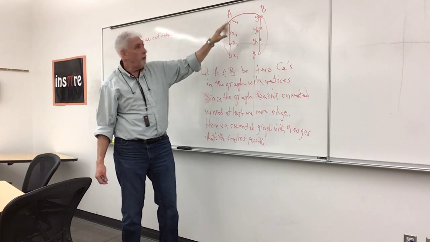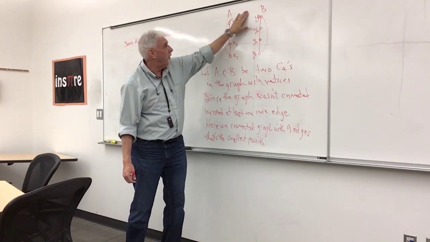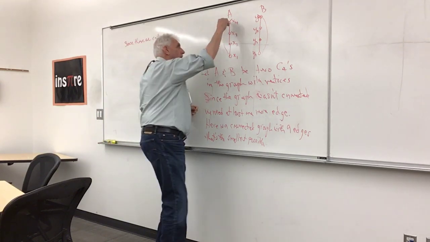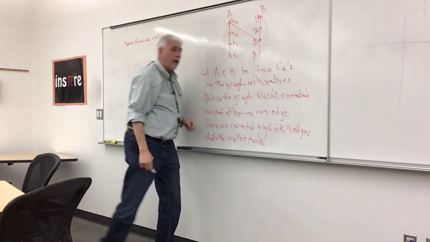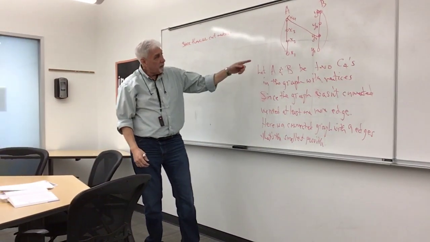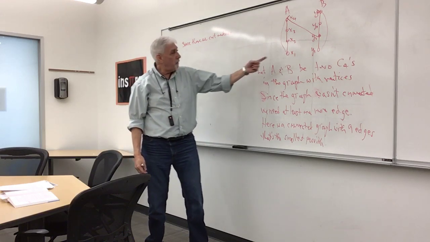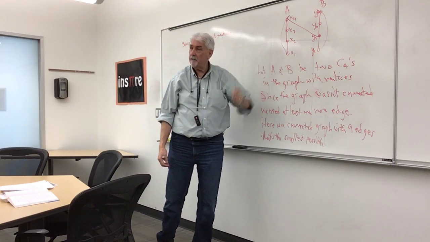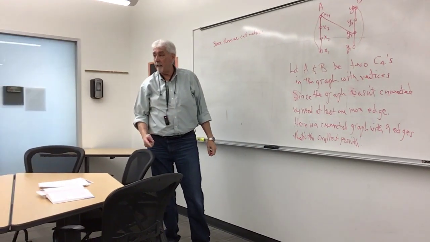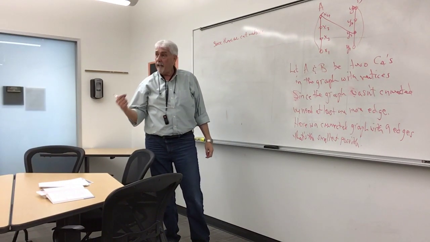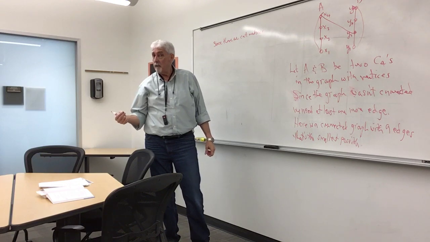They're isomorphic. It doesn't matter whether I put x4 y4 or x4 y2 or x1 y3. As long as I put an edge from this C4 to that C4, the resulting graph is connected. And the resulting graph has two cut vertices.